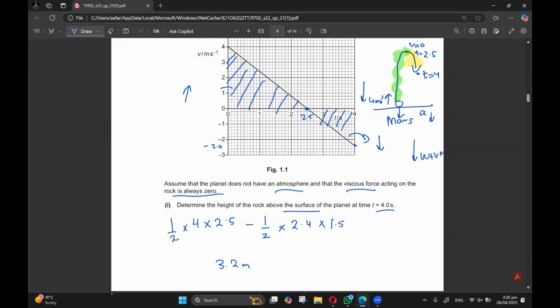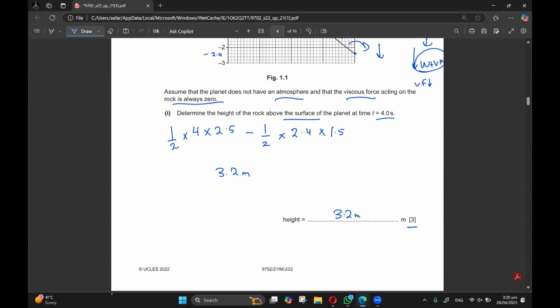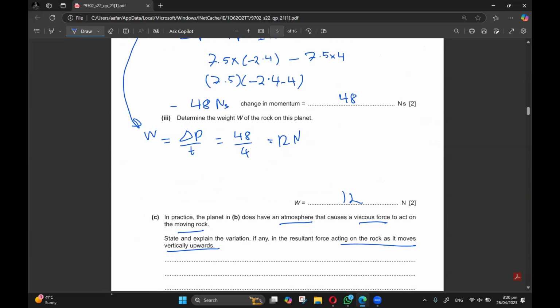And as viscous force is decreasing, since the speed is decreasing, speed is basically proportional to resultant force, right? Air resistance, viscous force. So speed decreases, viscous force decreases. So the total resultant force also decreases. So we can say that it also explains the variation.